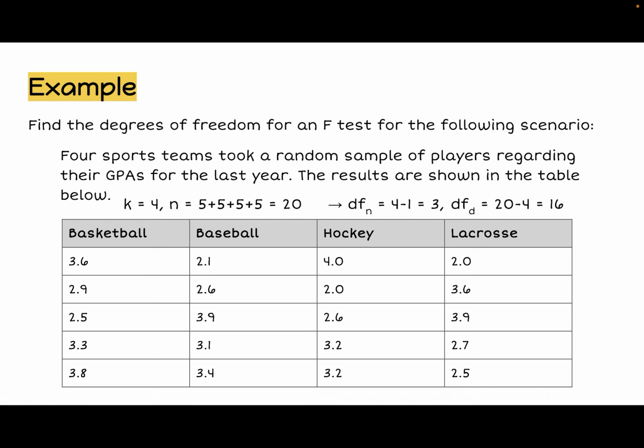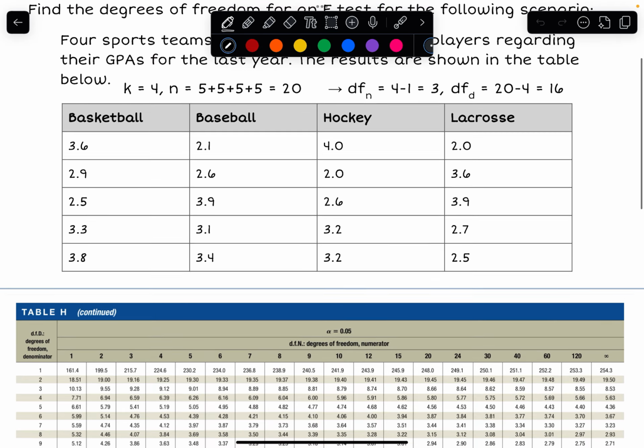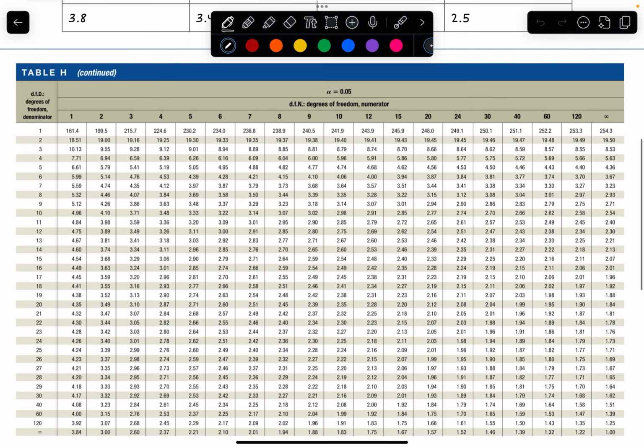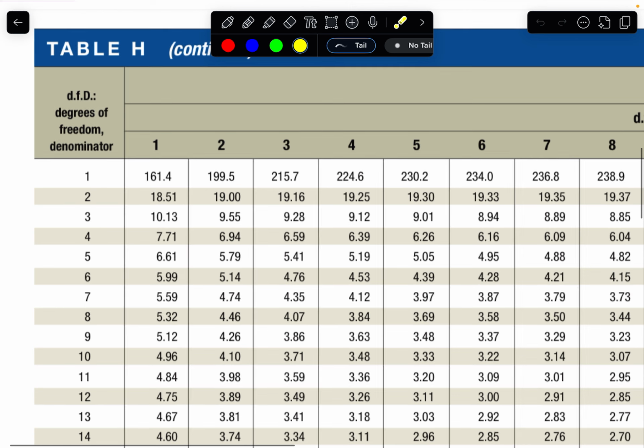If I wanted to find the F value that goes with degrees of freedom 3 and 16, I'm going to go to table H, which is the table for the F distribution. And you'll notice, zoom in here, the degrees of freedom for the denominator are this way.